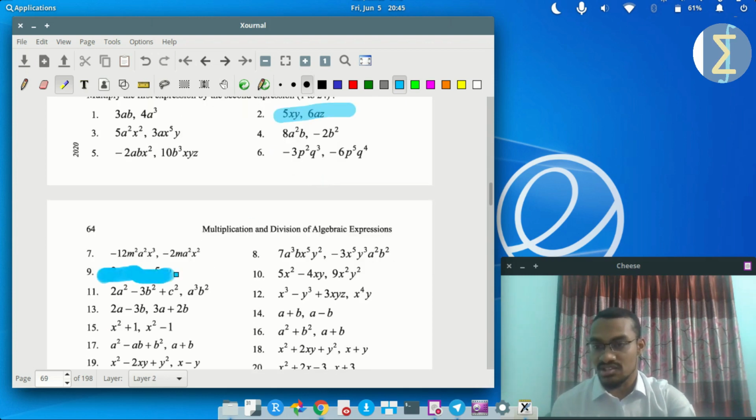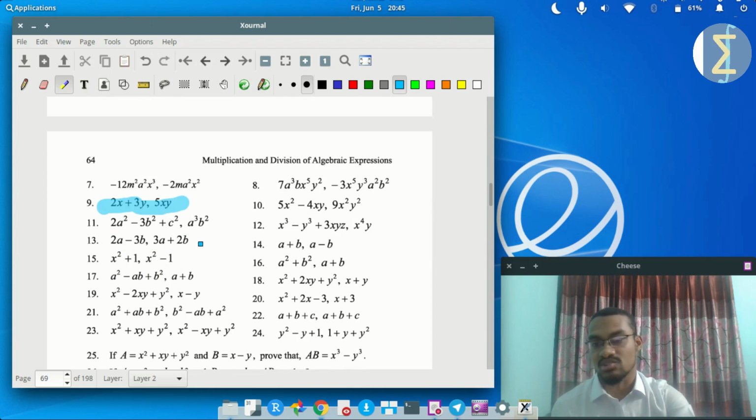And let's do this: 3x plus 3y, times 5xy. What do we get? Let's take a pen, and then we can write 5xy times 2x plus 3y, and we would get 5 times 2 is 10, and there is 1x here and another x here, so we get 10x square y, plus here we have 3 and here we have 5, so 15.